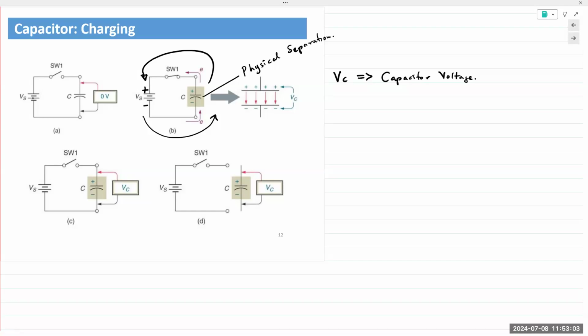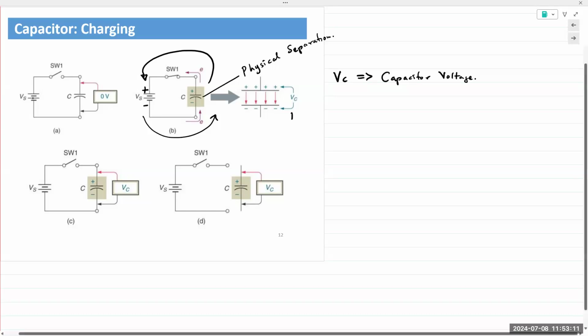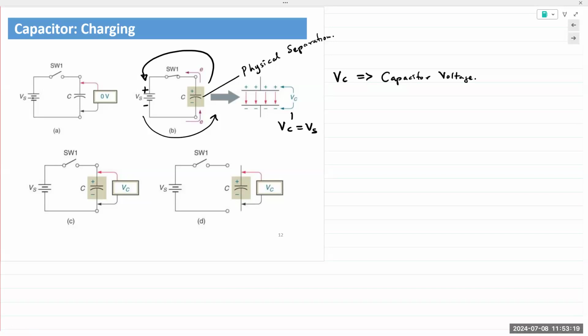So as I was saying, capacitor voltage can be measured once it reaches full charge. There is no more charge imbalance. VC will reach a level that is equal to VS, the supply voltage. Once that is equal, there is no more charge imbalance and the electrons stop flowing.